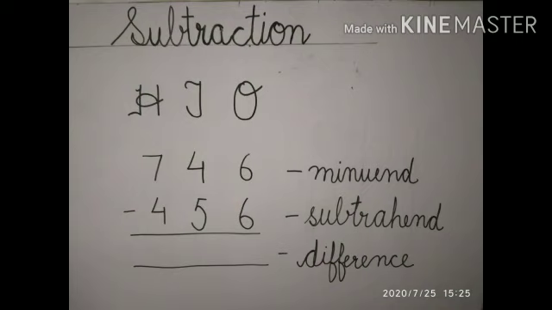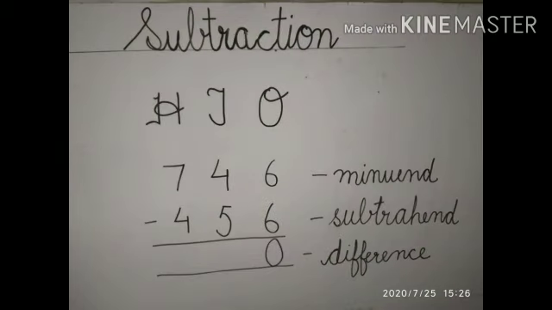Now students, let's start subtracting the numbers. We will start subtraction from ones place, then we will move to tens place and then to hundreds place. Students, always keep in mind we will start our subtraction from ones place.